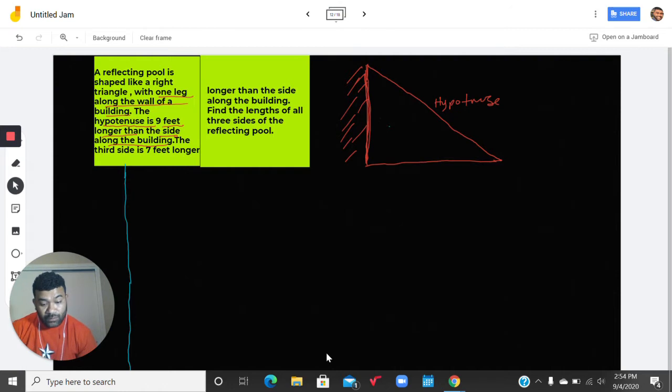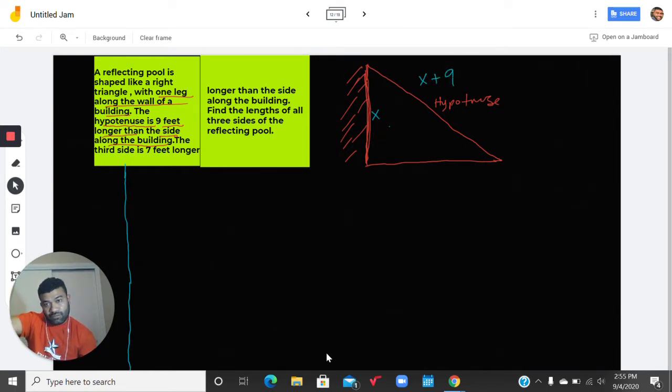What we can do is make the side that's along the wall of the building our x, like we're going to use the variable x. My hypotenuse is 9 feet longer than the side along the building, so it's going to be x plus 9.